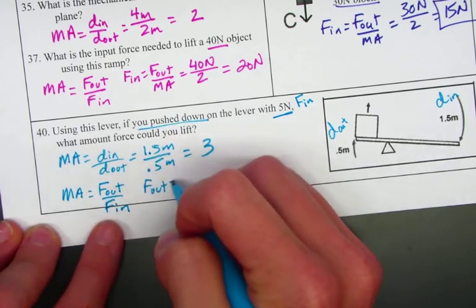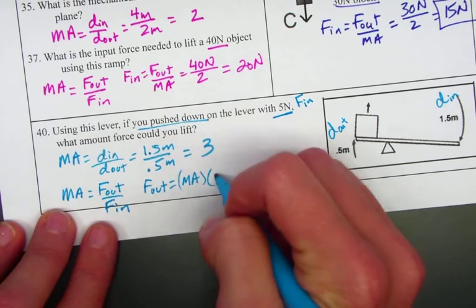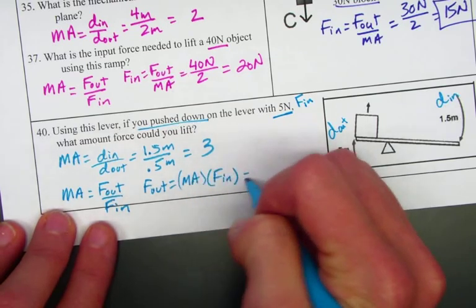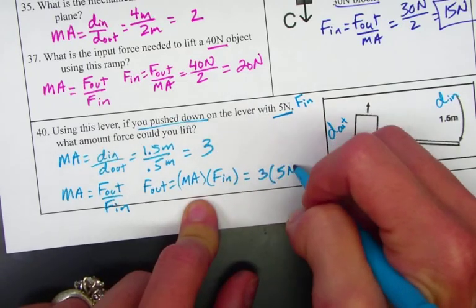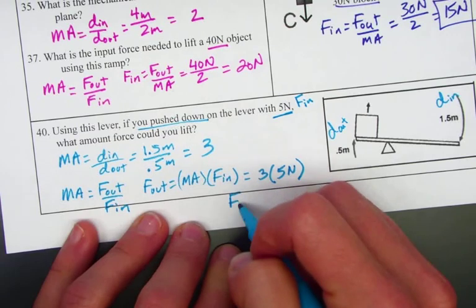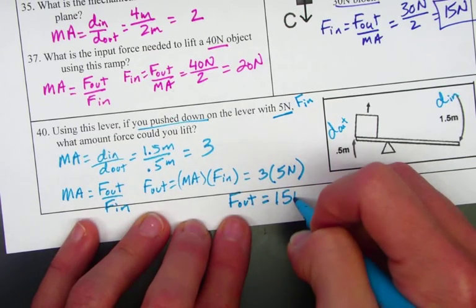So the output force is going to be equal to mechanical advantage times the input force. So that's going to be 3 times 5 newtons. So the output force is equal to 15 newtons.